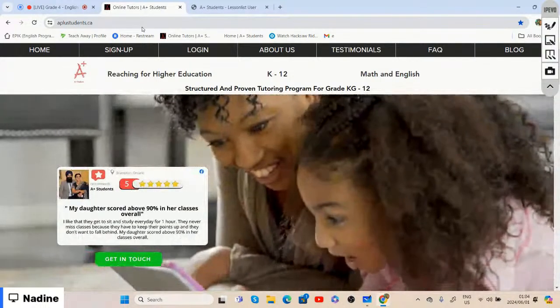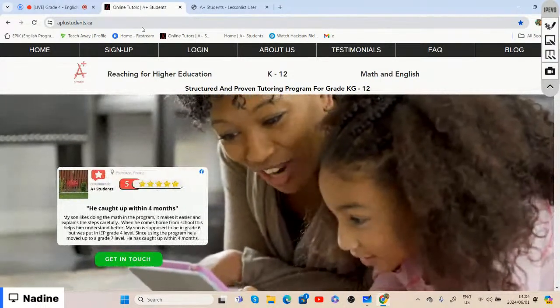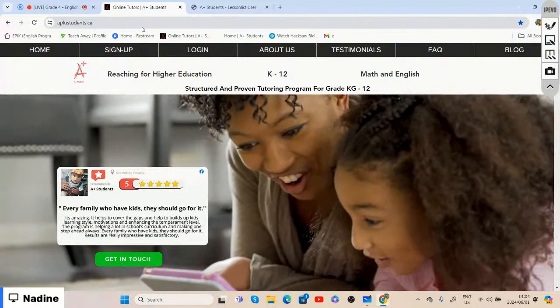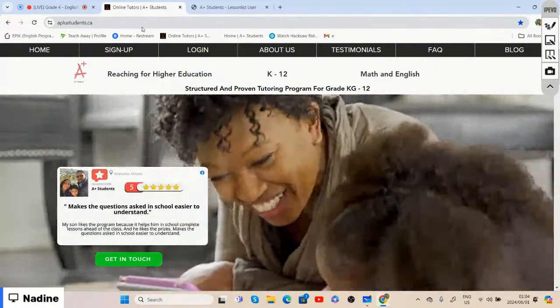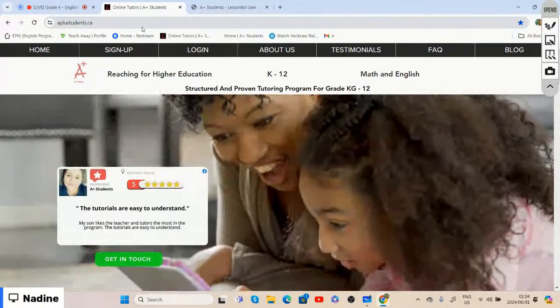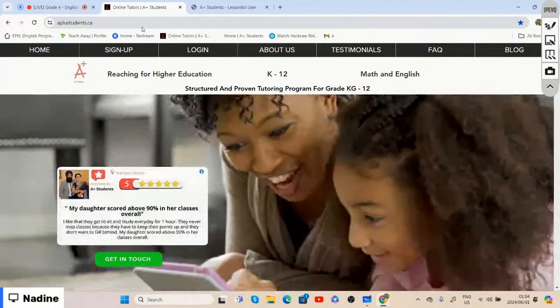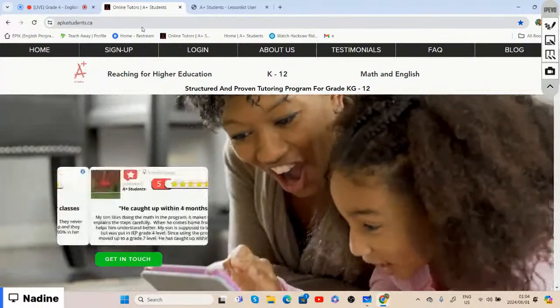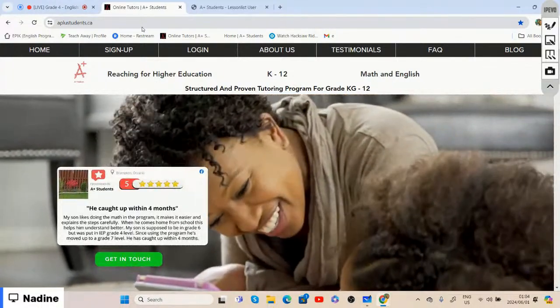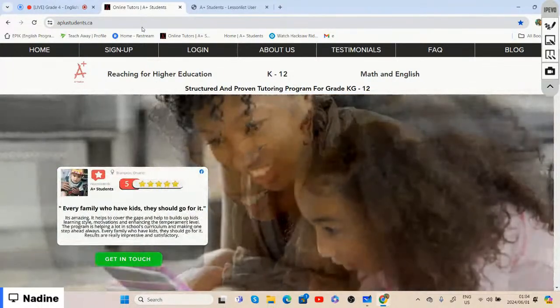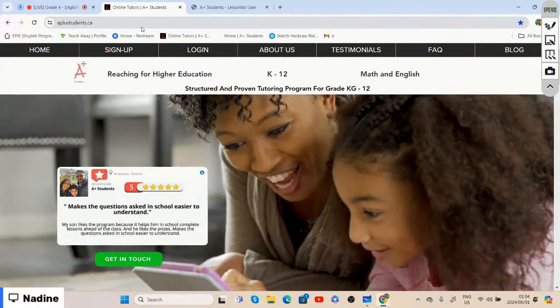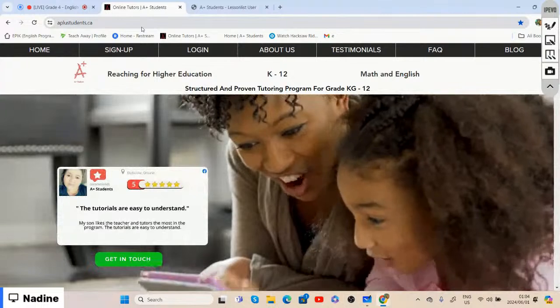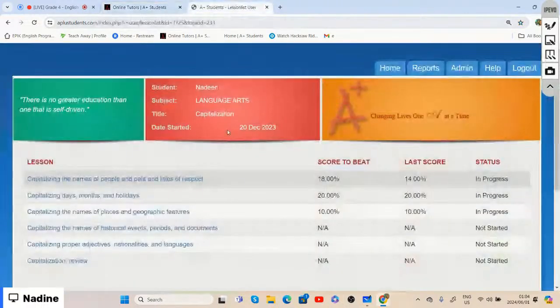Once you've logged on to aplusstudents.ca with our username as well as our password, and then we're going to select the subject of English language arts, grade 4, and then we're going to scroll down up until we get to the chapter of capitalization.